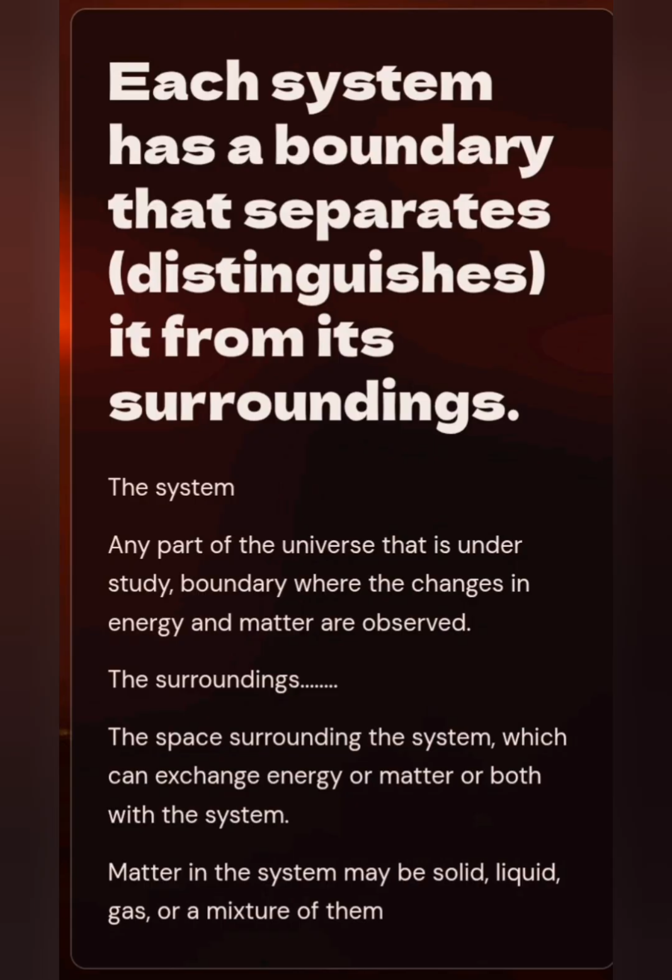We said each system has a boundary that separates or distinguishes it from its surroundings, right? What is the surroundings? The surroundings is the space surrounding the system, which can exchange energy or matter or both with the system. Okay? Matter in the system may be solid, liquid, gas, or a mixture of them.